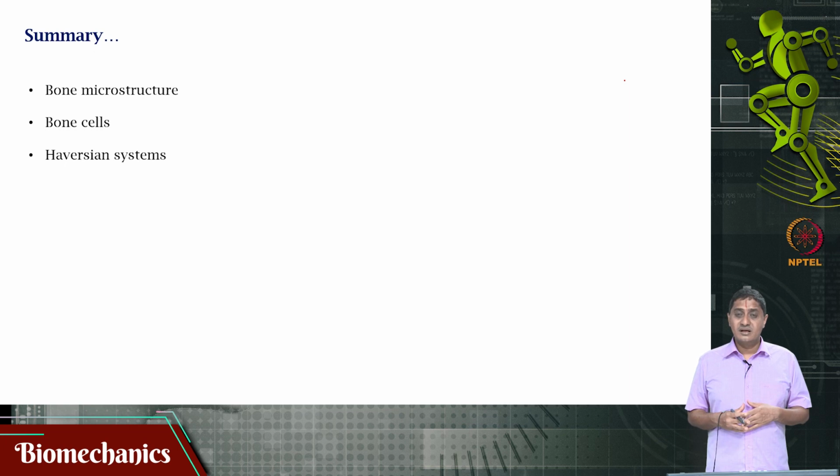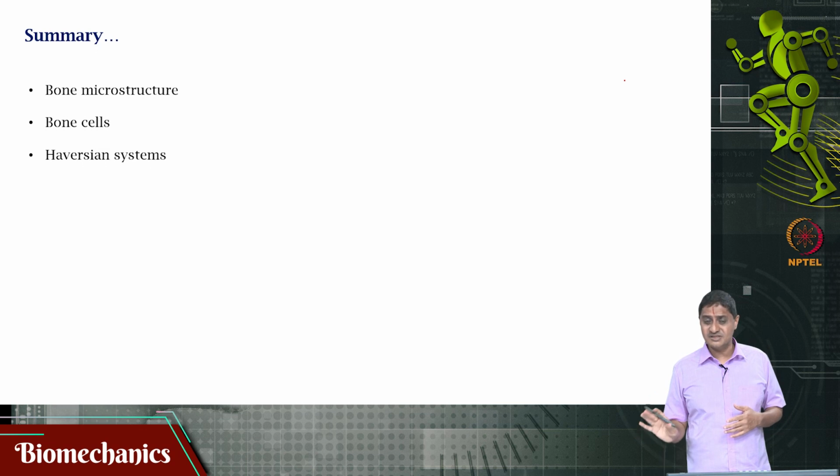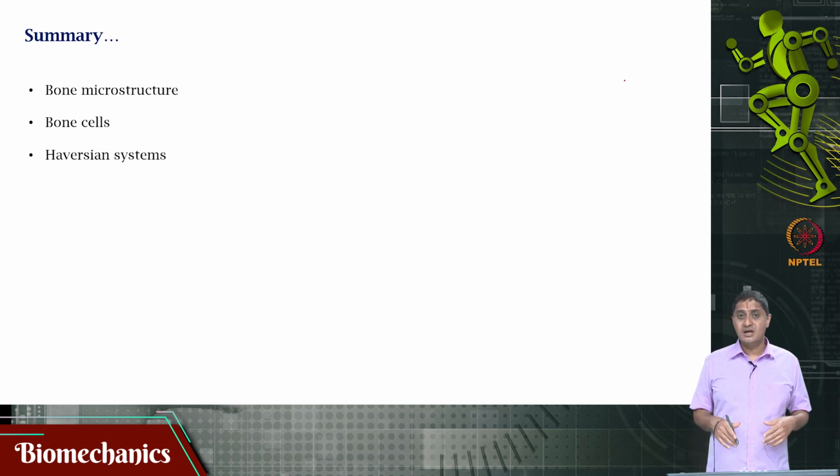Osteoprogenitor cells are the stem cells from which osteoblasts and osteocytes develop. Osteoclasts have a separate stem cell origin, and their job is to digest, reabsorb, and destroy unused or old bone cells. We also saw the Haversian system, the canal that communicates with the osteocytes surrounding it.